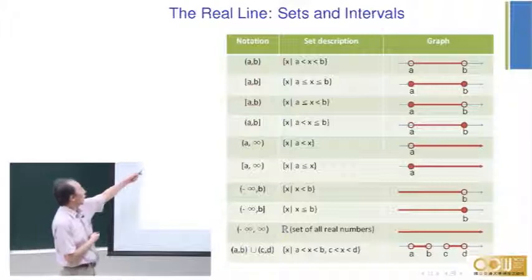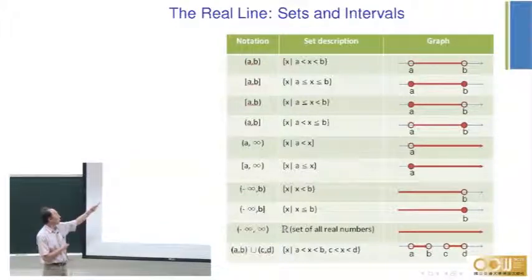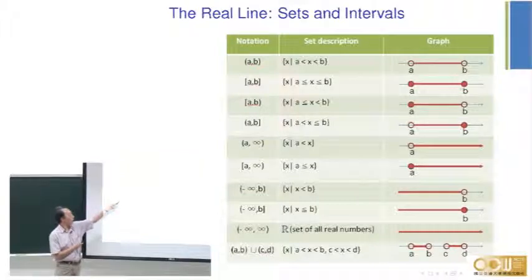Here is the open interval (a, b). For notation we use open parentheses, and the set-theoretical notation is the collection of all real numbers x such that a is strictly less than x, and x is strictly less than b.